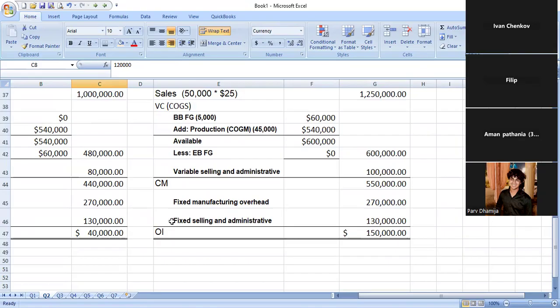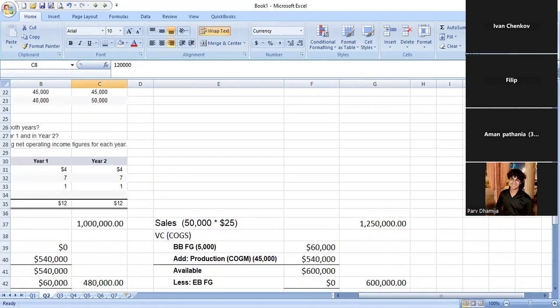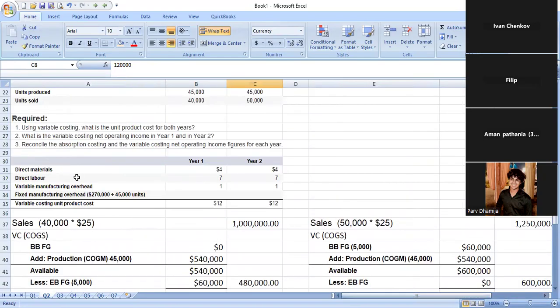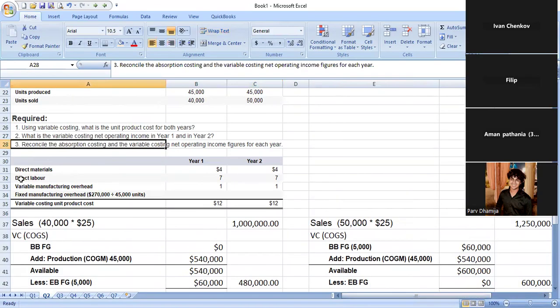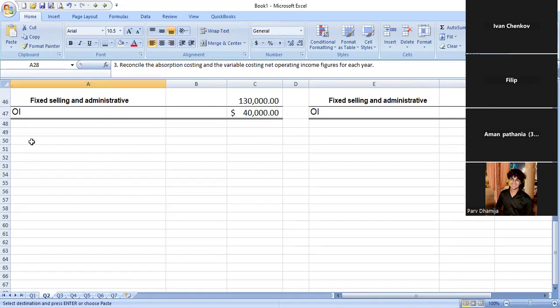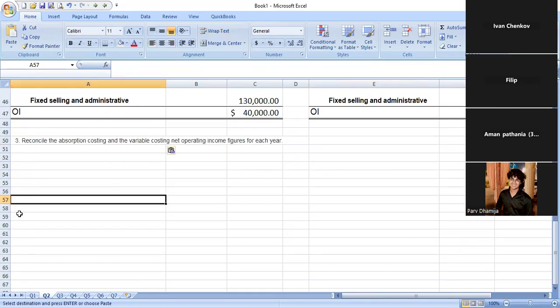So now, how are we going to do this reconciliation? Because the last thing that this question asks is to reconcile the absorption costing and the variable costing net operating income figures for each year. Well, very simple.